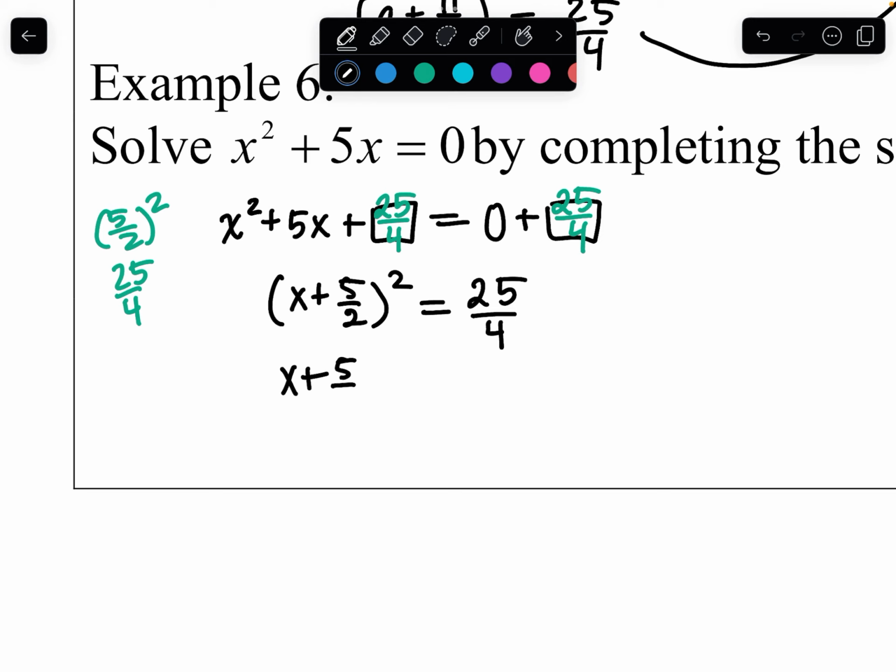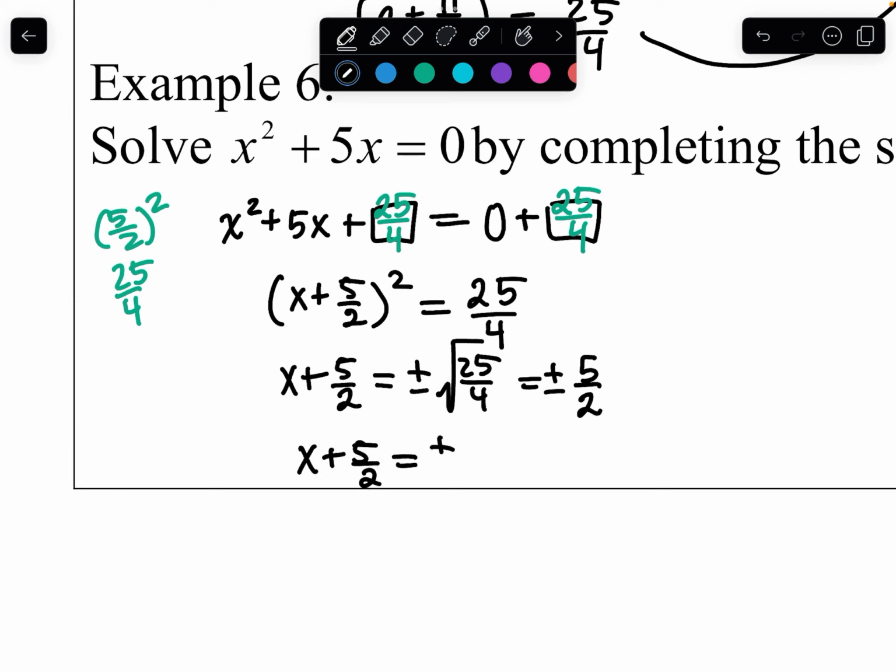We're ready for the square root property, which simplifies to plus or minus 5 over 2. And so x plus 5 over 2 equals plus or minus 5 over 2.